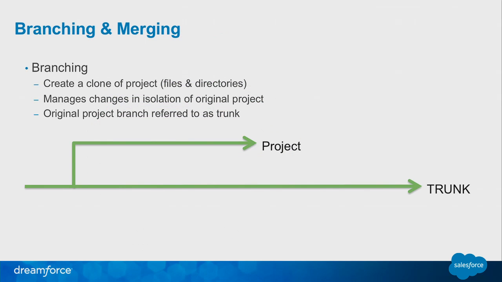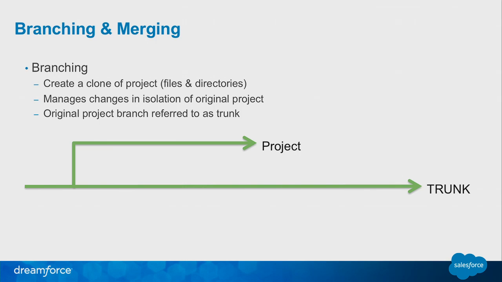Okay, so a little bit about branching and merging. Code in a version control system is just a collection of files and folders, or files and directories, with some metadata, and the metadata is just used by the system to identify changes and to track what happens. When you create a branch, it's just creating a clone of those files and directories.